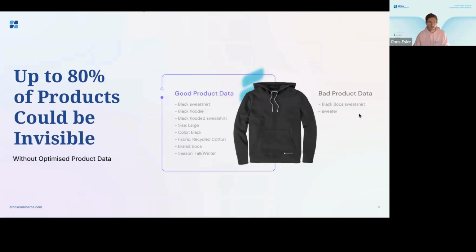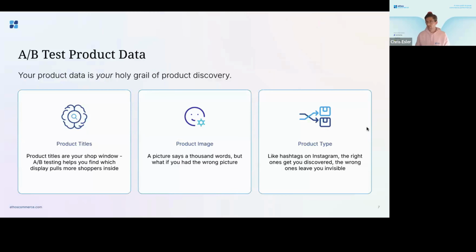So what we'll run through today is the testing piece to this. You might be thinking, why should I be running tests on my product data? Our campaigns are performing well. The feeds are doing what they need. Unfortunately, we see all too often that data feeds are really just set and forget.